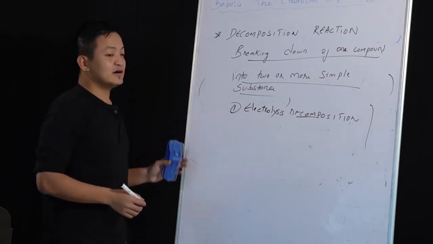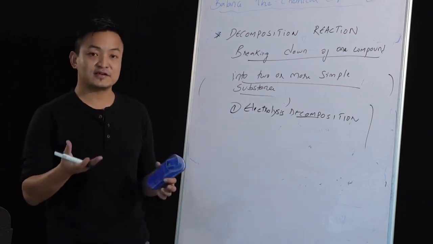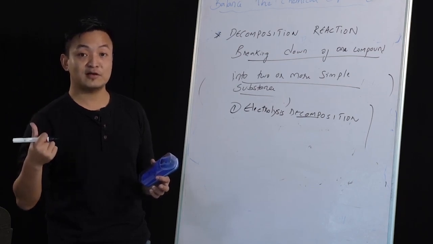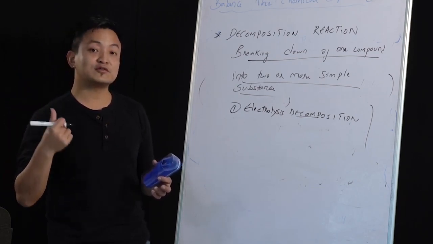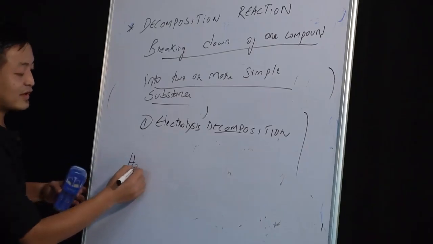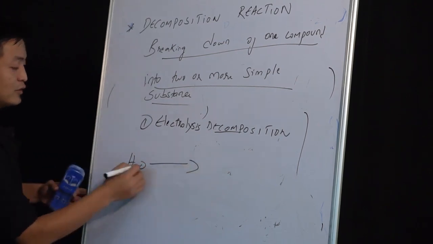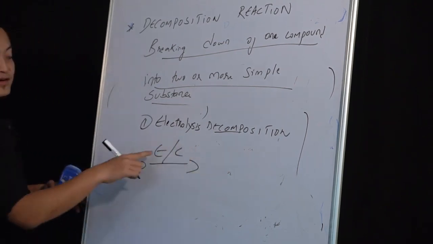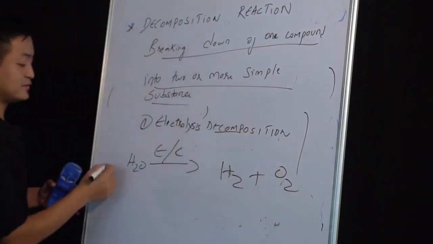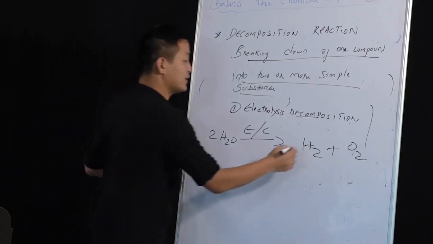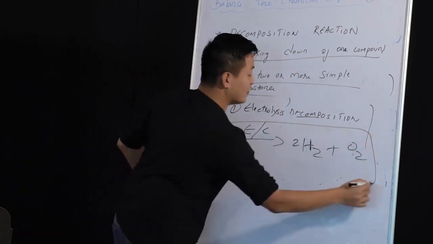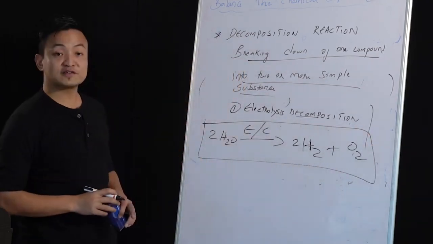These days, we have an electric kettle where we boil water with the help of electric current. If you do it for a long time, you will see gases coming out. So we'll take another practical example, H2O, and then we'll pass electric current, EC, we'll get hydrogen and oxygen. Clear? So we'll balance this one. So this is an example of electrolysis decomposition.